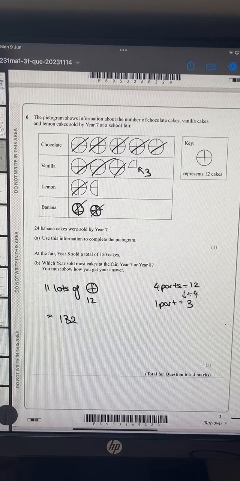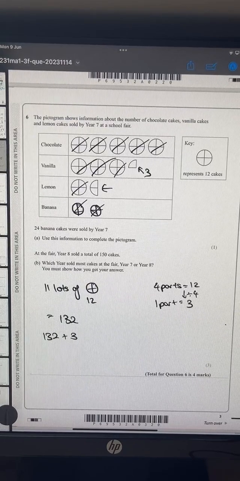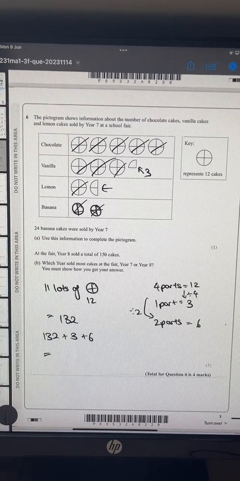So I've got 132 plus 3. And this bit, that's 2 parts. From 4 parts to 2 parts, I'm dividing by 2. So 12 divided by 2 is 6. So plus 6. If I add those, I get 132 plus 9, which is equal to 141.